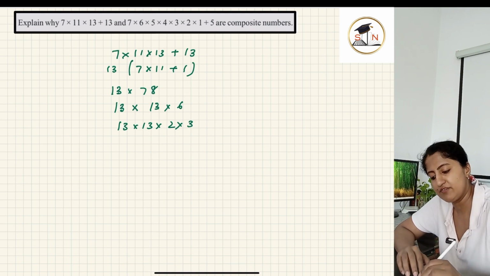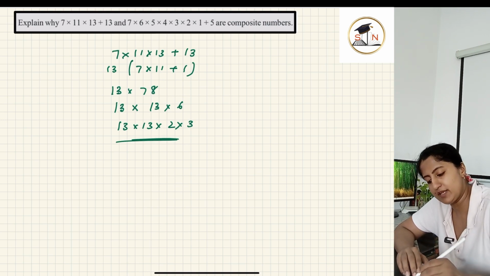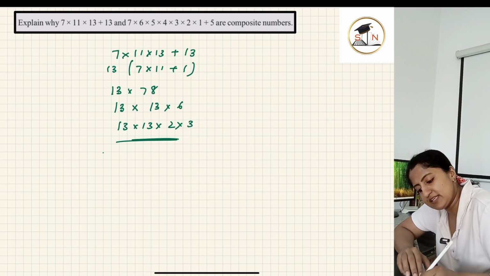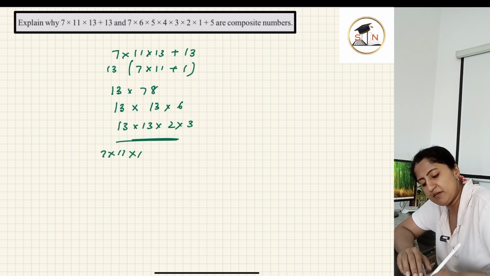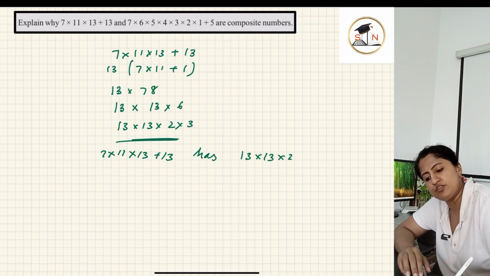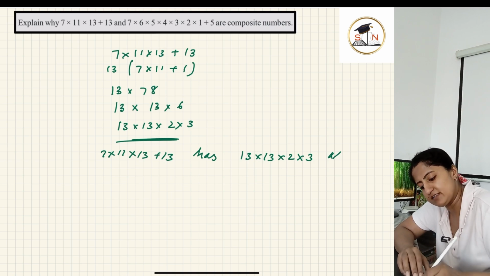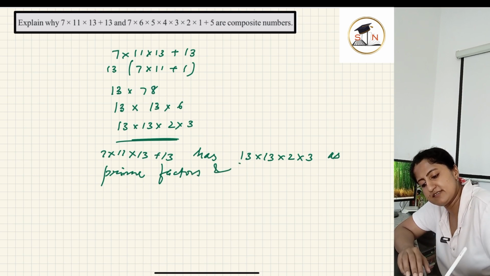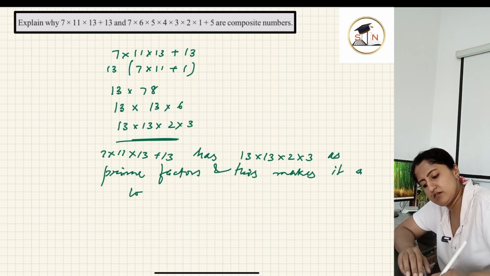So what we will conclude over here is, this number 7 into 11 into 13 plus 13 has 13 into 13 into 2 into 3 as prime factors, and this makes it a composite number.